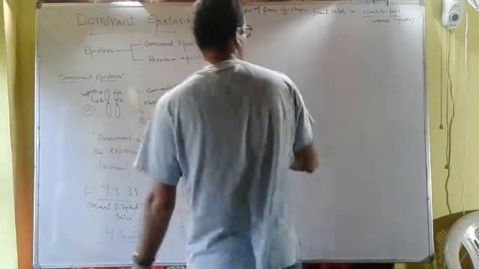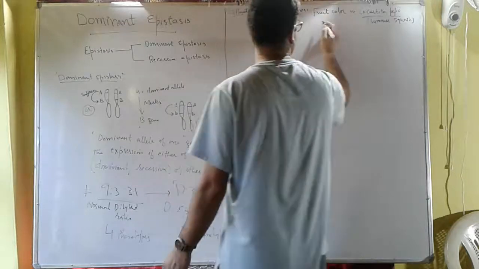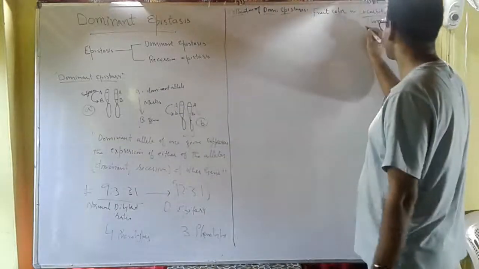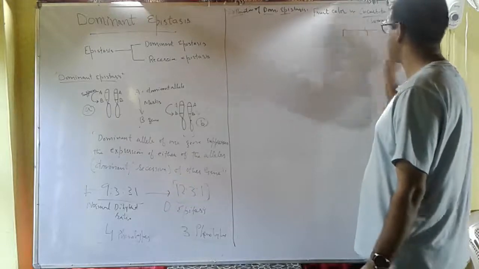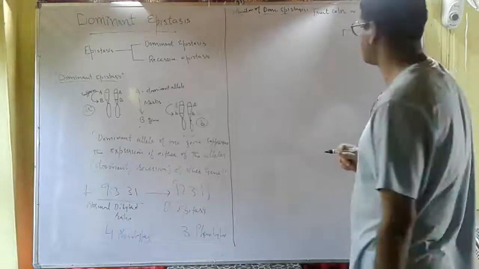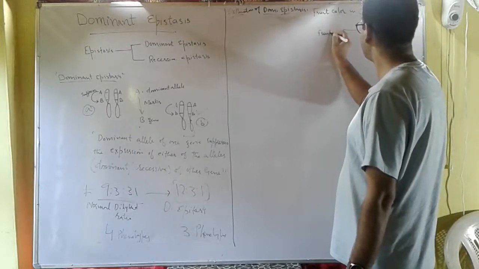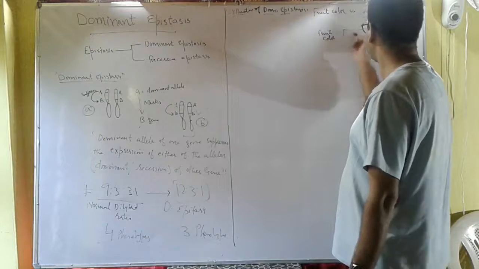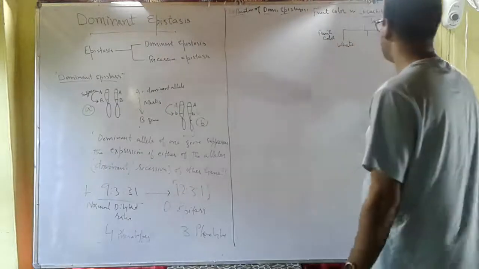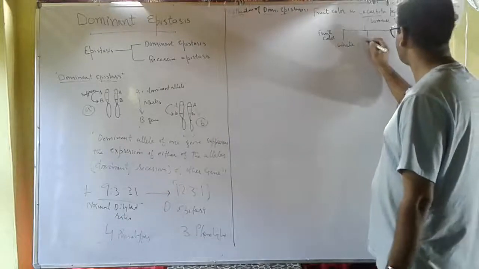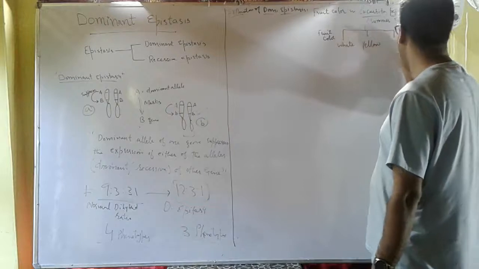This Cucurbita pepo has 3 types of fruit color: white fruit color, yellow fruit color and green fruit color.